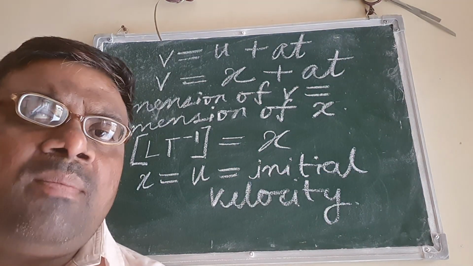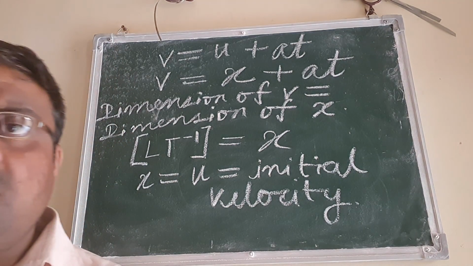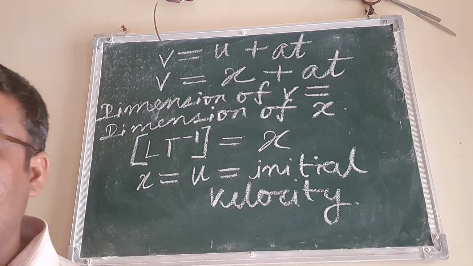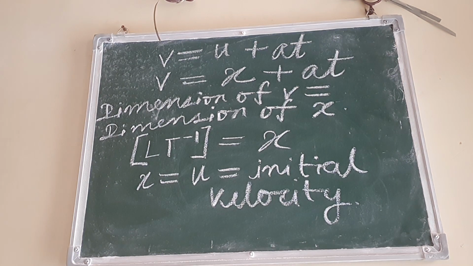I think you all might have understood this question, but we are going to understand it once more. We are given the equation v is equal to x plus at, which is a valid equation following the laws of dimensions. According to the rule of dimensions, the dimension of each term is equal. So the dimension of the velocity v is equal to the dimension of the unknown parameter x. We have to find the dimension of x.